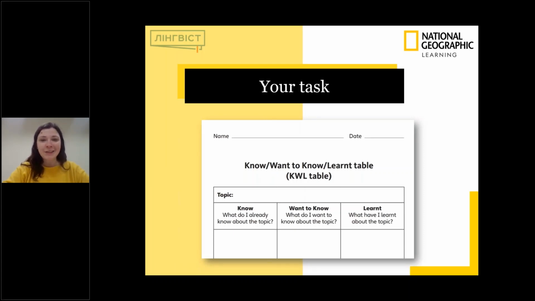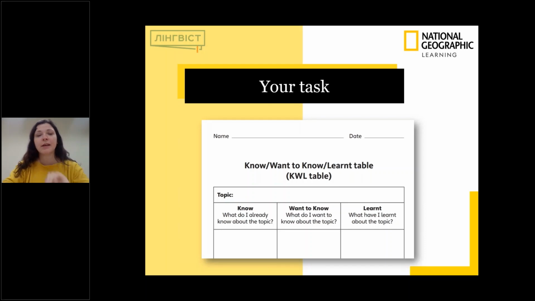And I asked you to complete the first two columns with the ideas of what you know about use of English and what you would like to know about use of English. If you haven't done it yet, I suggest you be active and write it down, maybe not with this chart, but in your notebook, or even you can share it with me.